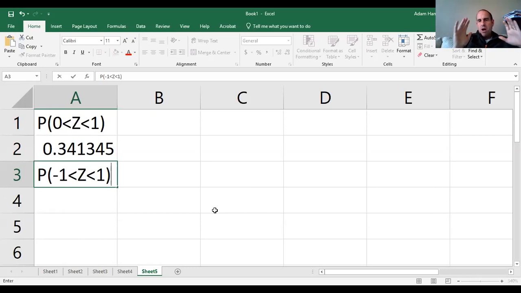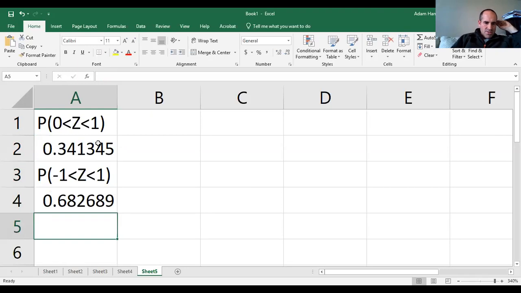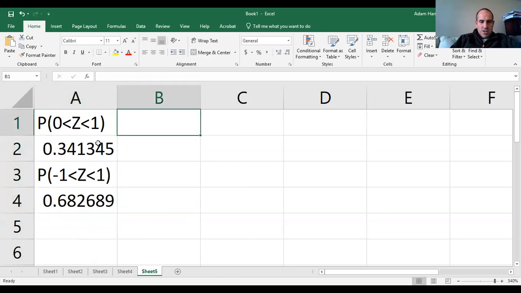So this is the probability that we are within 1 standard deviation of the mean. How would I get this? Well, it would just be twice this, 2 times this thing. So 0.683, basically 68% or so. So 68% of the data is within 1 standard deviation of the mean if we're dealing with a normal bell-shaped curve.